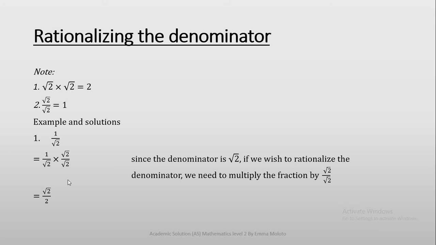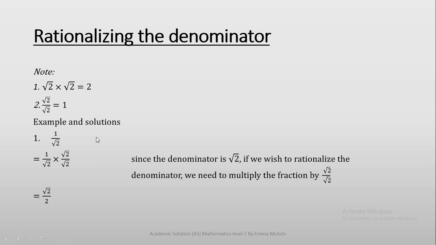Examples and solutions. Number 1, we have 1 divided by the square root of 2. The next step says since the denominator is the square root of 2, if we wish to rationalize the denominator, we need to multiply the fraction by the square root of 2 divided by the square root of 2. So we are rationalizing the denominator, so that's why we multiply by the square root of 2 divided by the square root of 2.